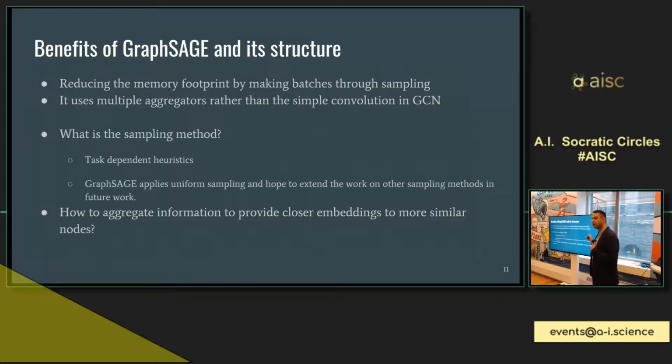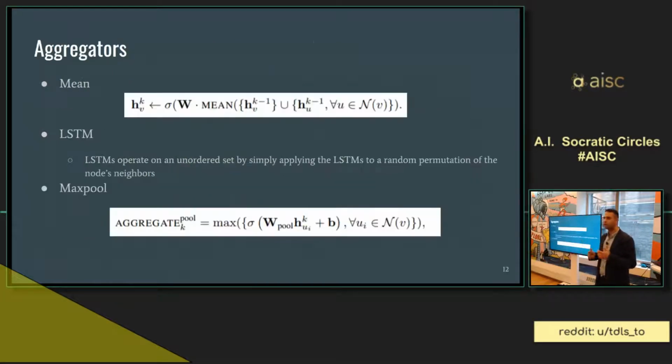In GraphSAGE, they just use the uniform sampling technique, but they mentioned that in future work they would like to extend and test different sampling techniques and find out how they would affect the architecture. Now the question arises: how do we aggregate information to provide corresponding embeddings to similar nodes? We have covered the sampling part. Now the aggregation part is the problem that we try to see, and what they propose.